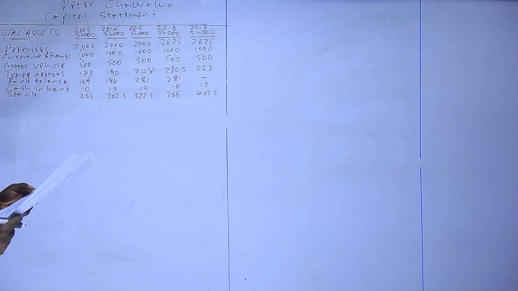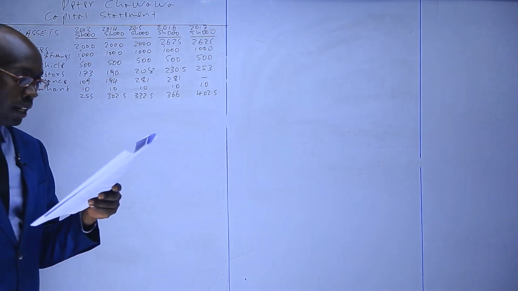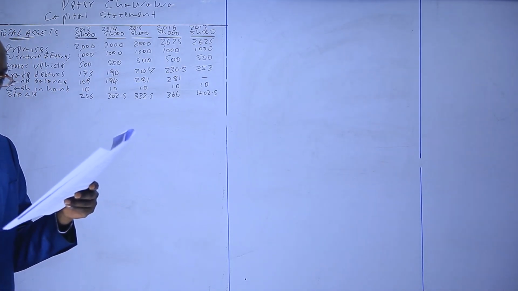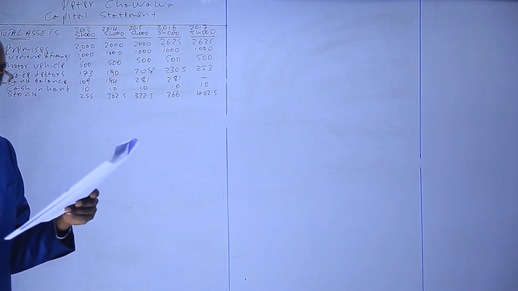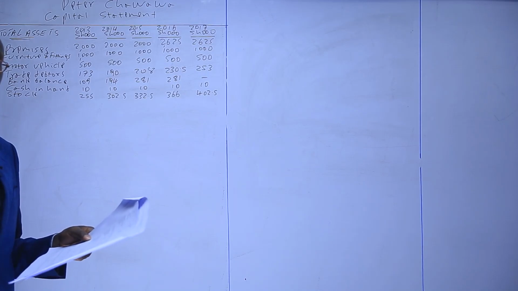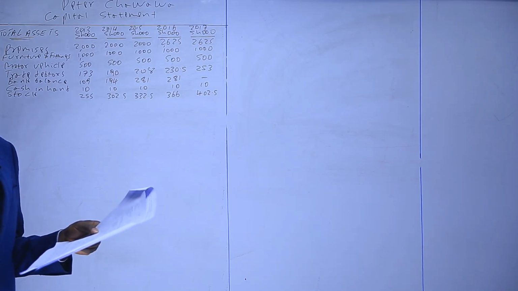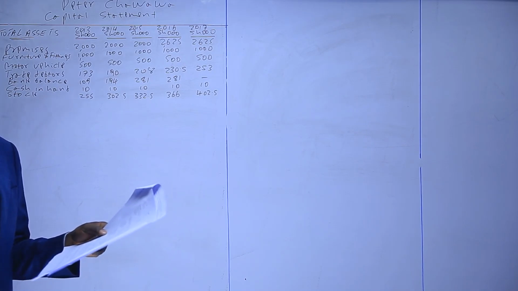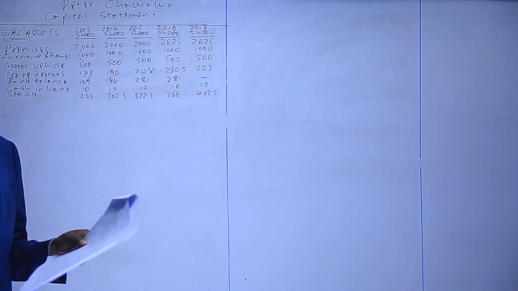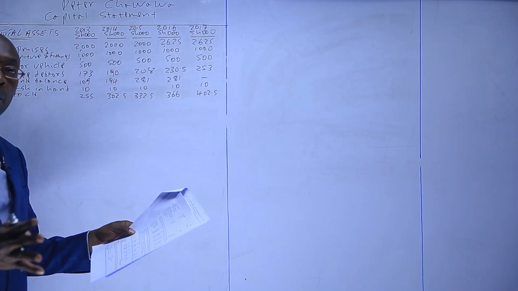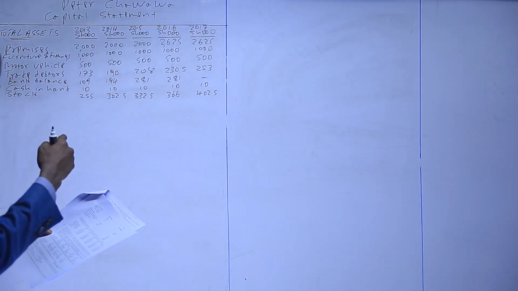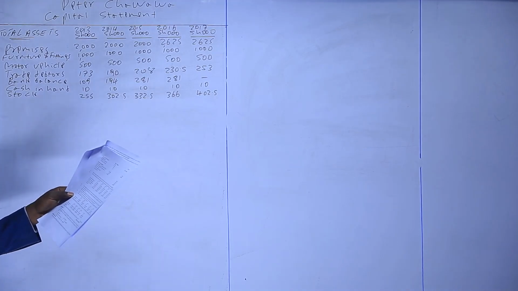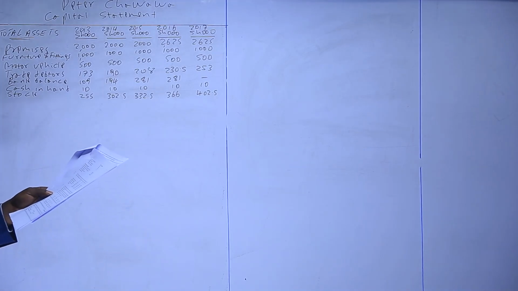Now there's still another asset in point number 6. His wife opened a savings account in a commercial bank in 2012. The balance in this account after crediting the interest earned was as follows. Although it is the wife's account, we are not told that it was separate or that she was not getting money from the business. Because that is not clear, we have to assume she was getting money from the business, being given by the husband. So it should be considered here. Remember we said we consider all assets, both commercial and private.